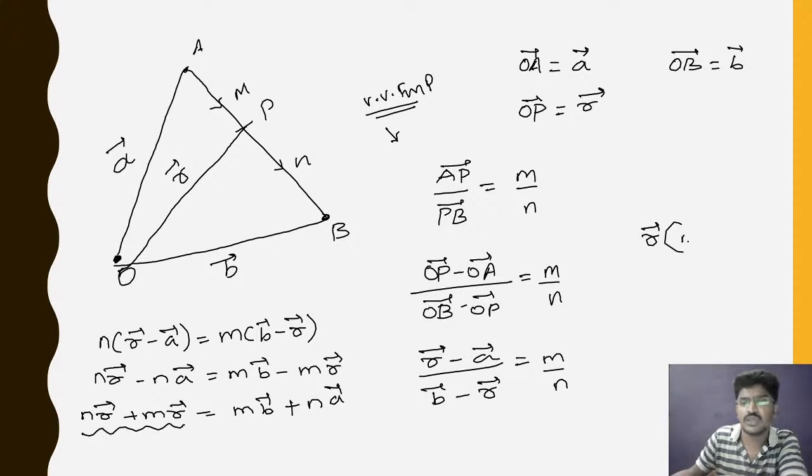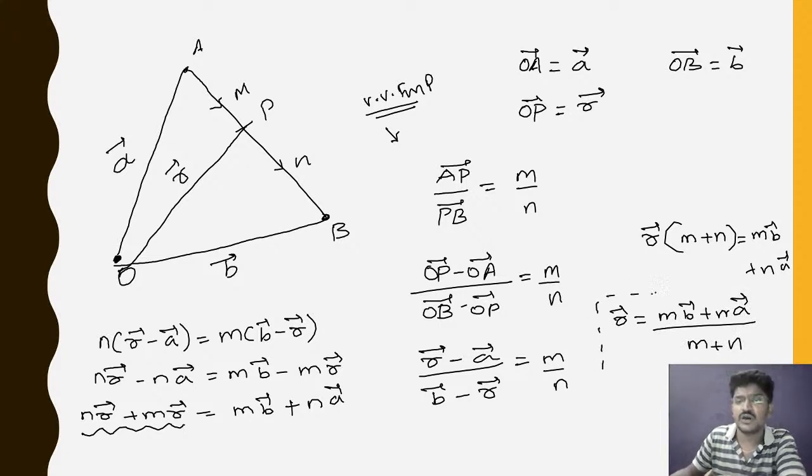The remaining term is m plus n, equal to m vector B plus n vector A. Okay. So vector R will be equal to m vector B plus n vector A divided by m plus n.